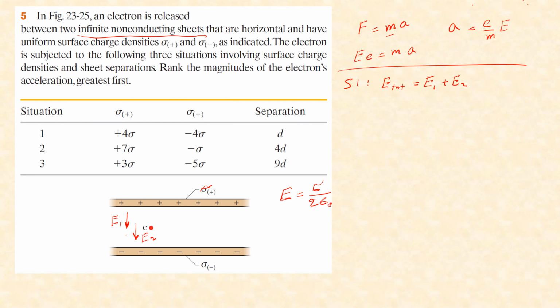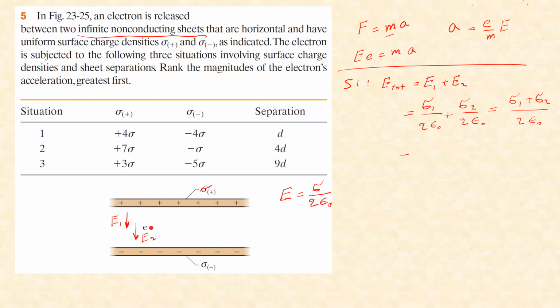For the lower sheet it is toward the lower sheet, which is still downward. So they add up. E1 is sigma 1 over 2 epsilon naught, and the other is sigma 2 over 2 epsilon naught. Therefore it becomes sigma 1 plus sigma 2 over 2 epsilon naught.